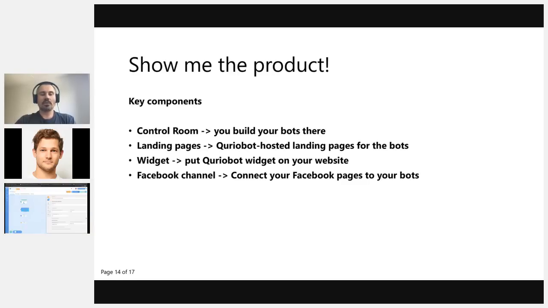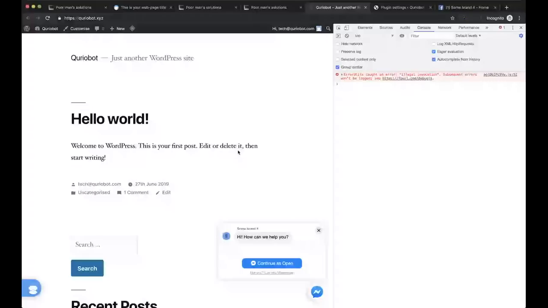And the third component is the widget, which you can put on your own website, on your own landing page if you need to. And that is basically this part, which is on the landing page, but it can be put on your own website.